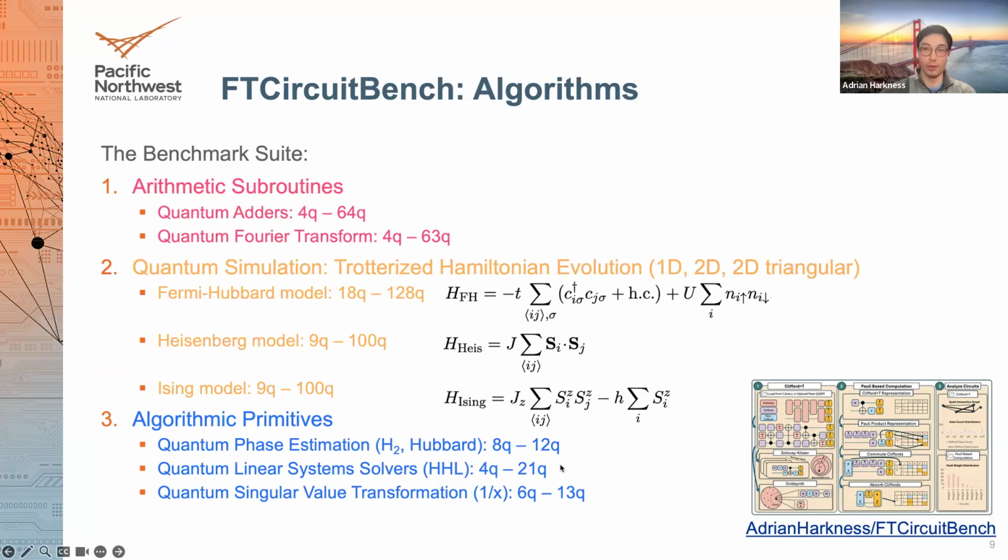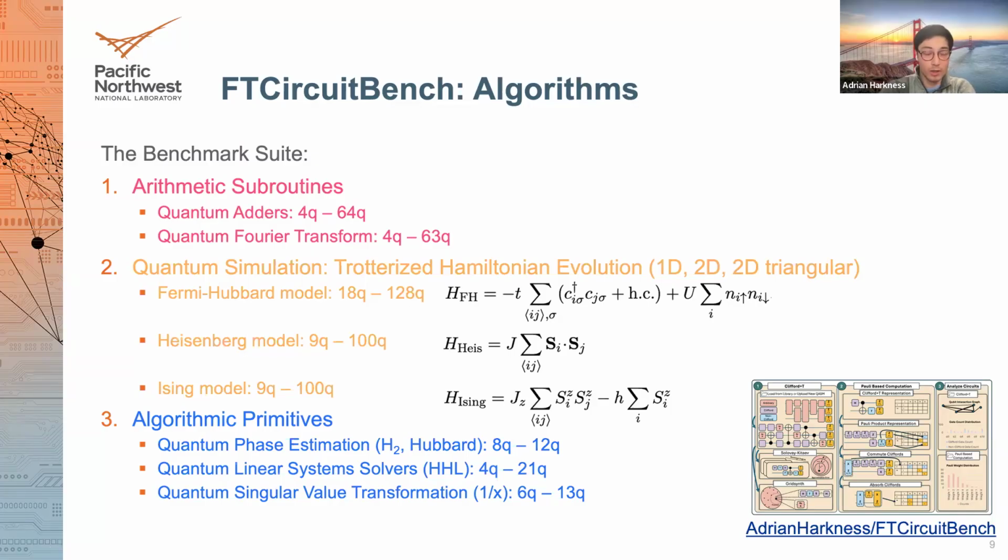So HHL builds up one level in complexity by including quantum phase estimation and its uncomputation, actually, as well as basically the core subroutine. And we have this ranging from 4 qubits to 21 qubits, solving randomly generated linear systems of equations.